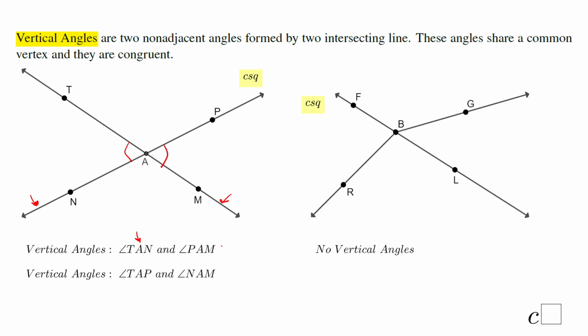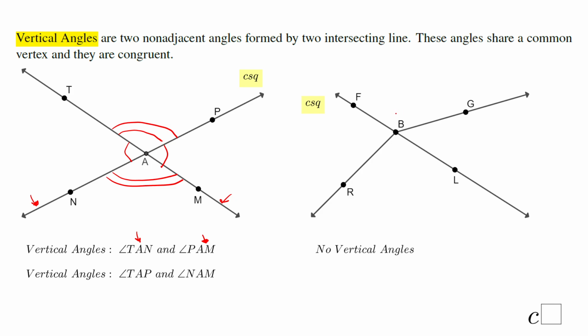You notice I marked them the same because these angles are congruent. Now we have another set, TAP and NAM. I marked them differently, with two arcs, but these two angles are the same, so they are congruent.